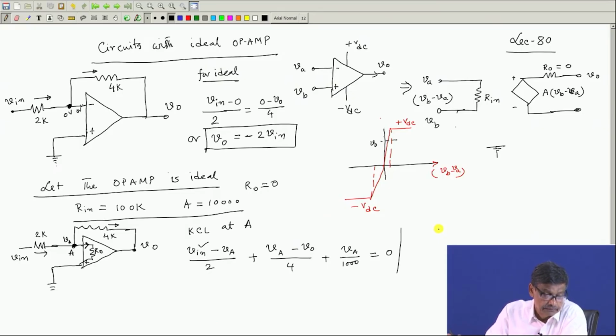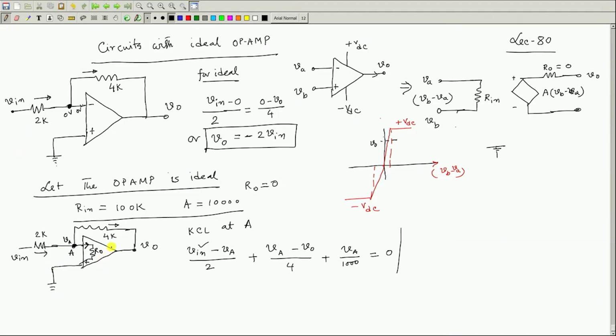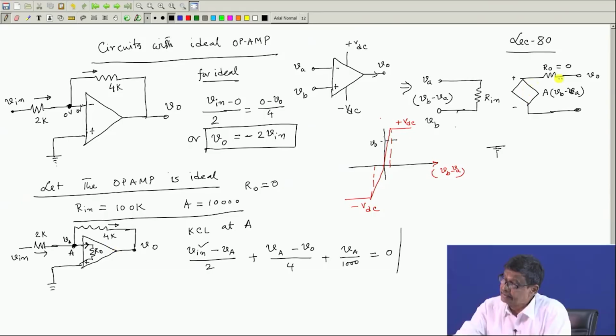That equation will be that this is correct. So, what will be the second equation? A factor will come, because this is the equation. I have to now go through this. So, this voltage V naught here is A times VB minus VA.